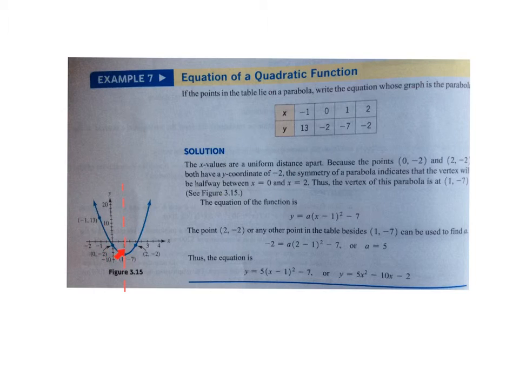If we are at (0, -2), that means we're down here at y is -2. And how far is it from here to here? Well, we came from 2 to 0, so we're 2 spaces this way, which means we're 2 spaces this way. Okay, so we've got those 2 points right there.